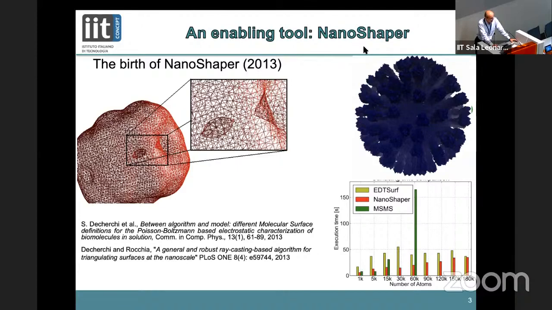In some cases, with a small movement of nearby atoms, the probe can actually get in or get out, and you have a jump.